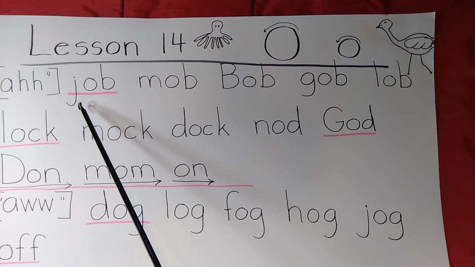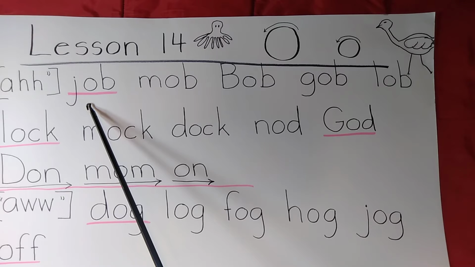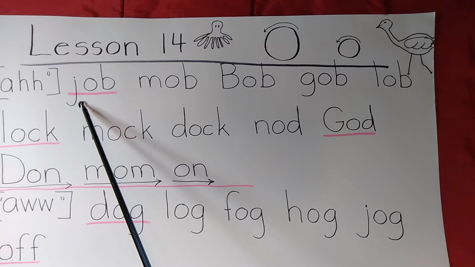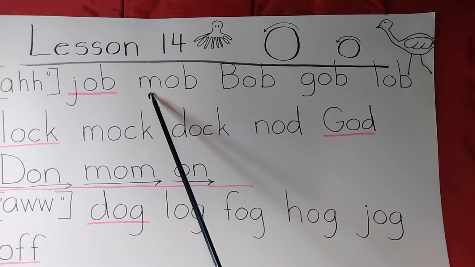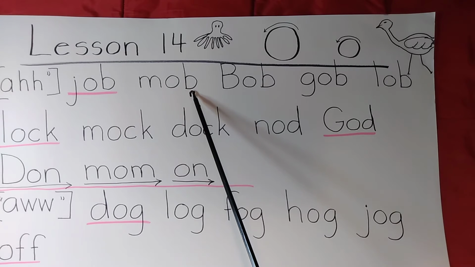But here we go with the Midwestern pronunciation of these words having the o in them. The first one is j-o-b, job. Next, m-o-b, mob.